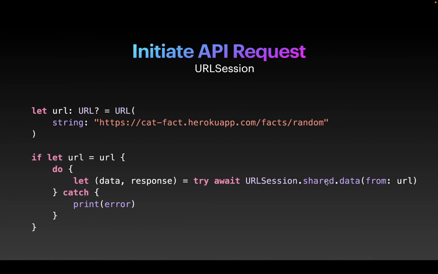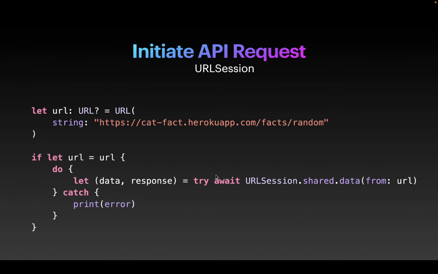It takes a URL. Now, this .data function can throw, so you have to mark it with try when you call that function. You also see this keyword await here. Don't worry about that one yet. We will get to that.